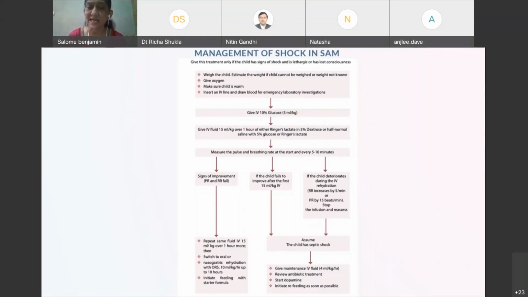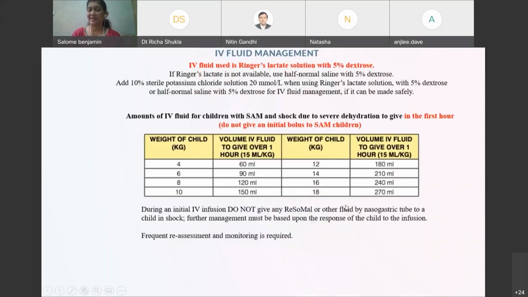This is also a busy slide, but it is again a simple algorithm, weight based and symptom based. Oxygen is given and IV is given, and then how you are measuring. Of course, the clinician will also be seeing it, but you will also see what is going on. Assume the child has septic shock, then the child is in ICU and managed by the clinician.